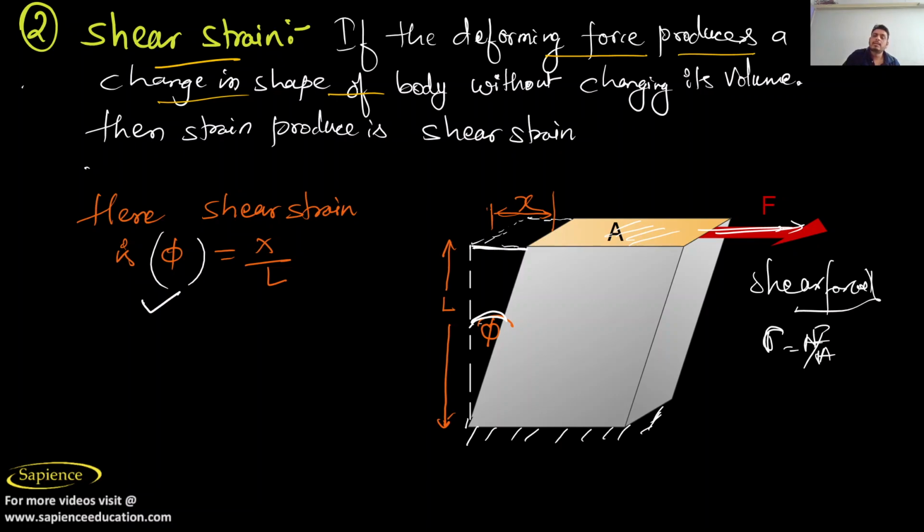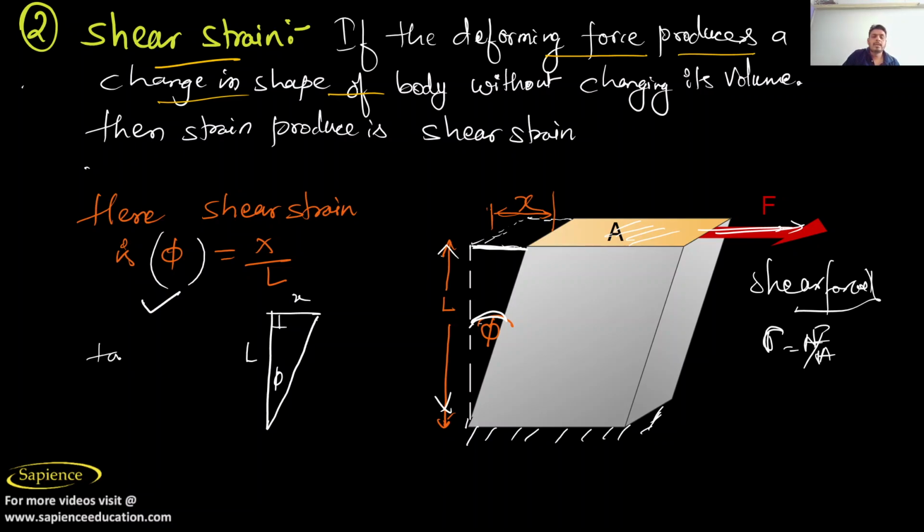So how will you find this angle? Let us see here. Suppose this is your x and the total length is L. If I write like this, this is your phi, this is your L and this is your x. Can you see that this is a right angle triangle?